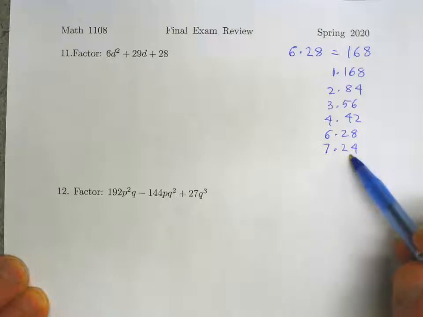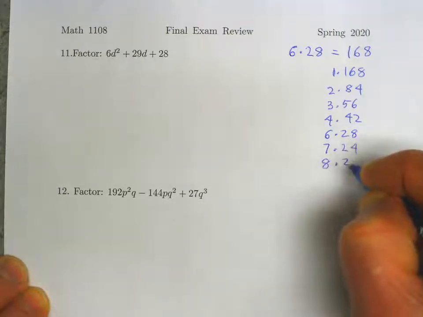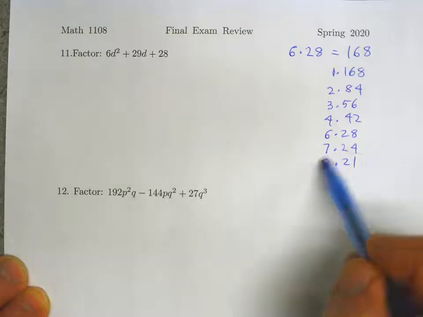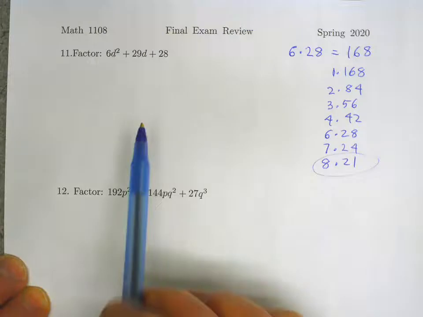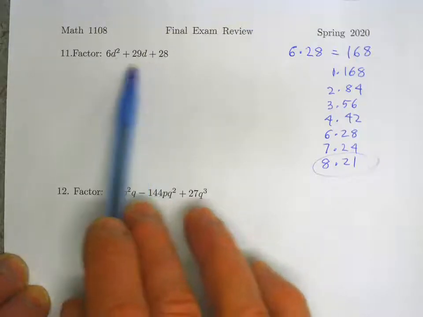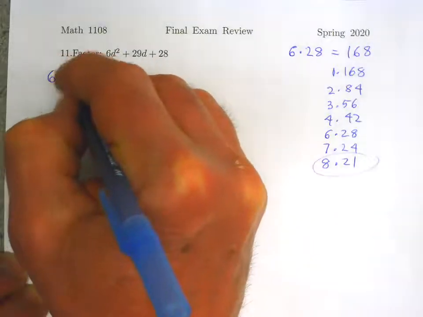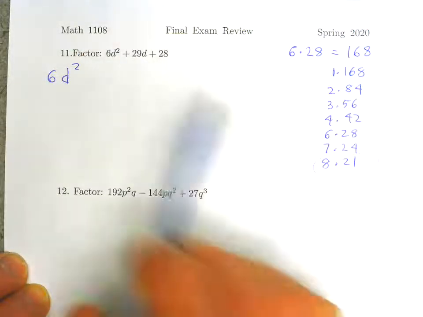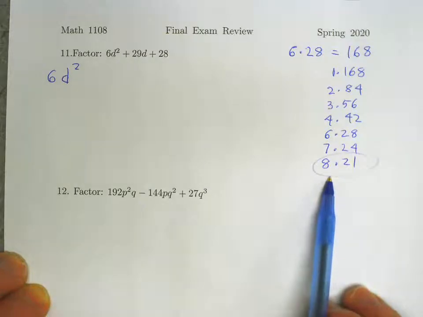Those add up to 31. And then 8 times 21, those add up to 29. So that means we can factor using integer coefficients. So in the next step, we transform the trinomial into a quadrinomial using those two numbers, 8 and 21.